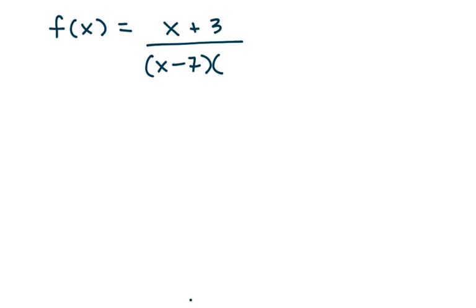So let's look at another example here. I'm going to give us this one in factored form as well. f of x equals x plus 3 over x minus 7 times x plus 3. All right, so domain is going to come from determining the two values that would make the denominator undefined.